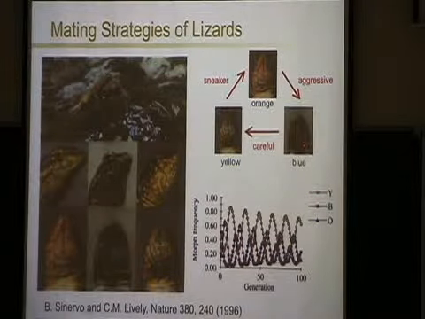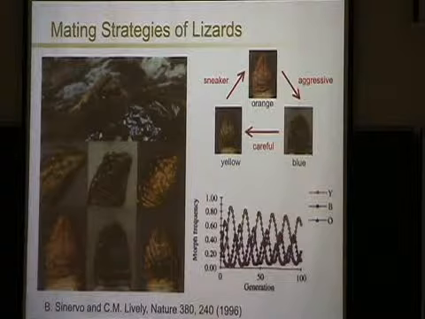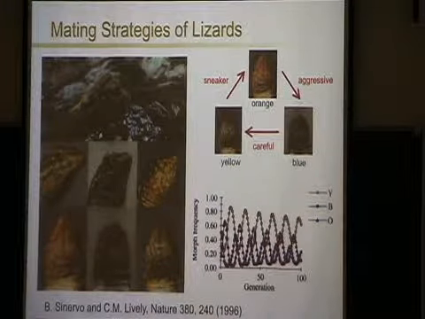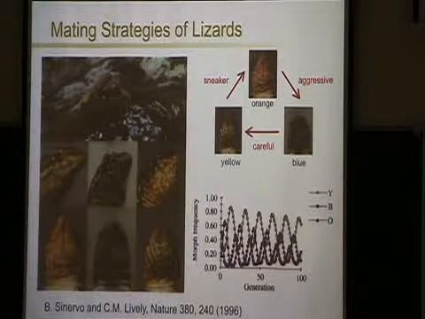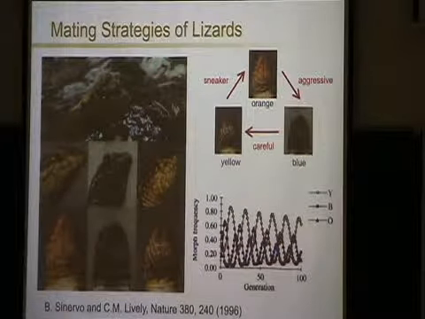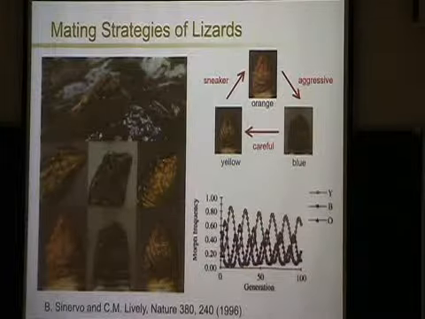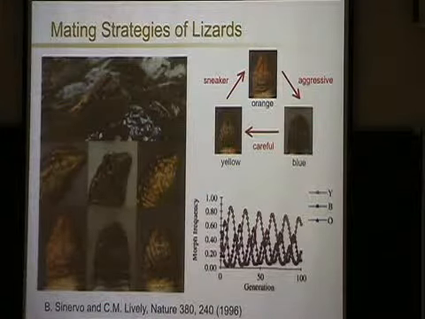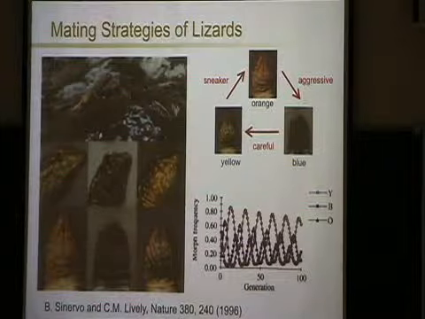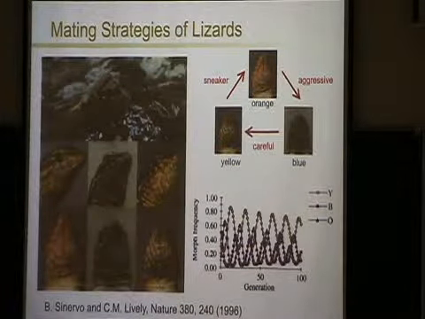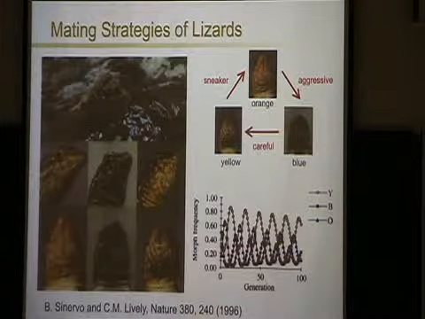The blue-throated lizards are more on the conservative side. They would be satisfied with a smaller group of females, but they would be very careful about taking care of them, protecting them. The yellow-throated are sneakers. They don't keep a territory. They just sneak into the others' territory and try to find a female they can get.